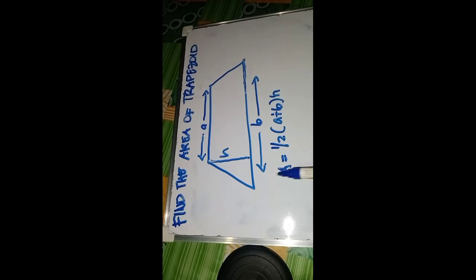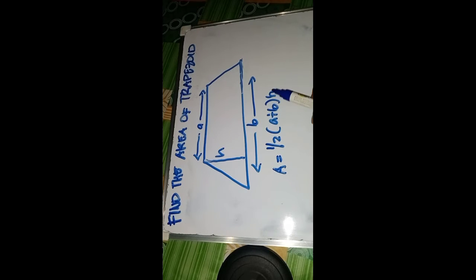In our formula, area of trapezoid equals 1/2 times (A plus B) times height, where A and B are the bases or parallel sides, and H is the height, or the perpendicular distance between A and B. So that is our figure, the area of a trapezoid.